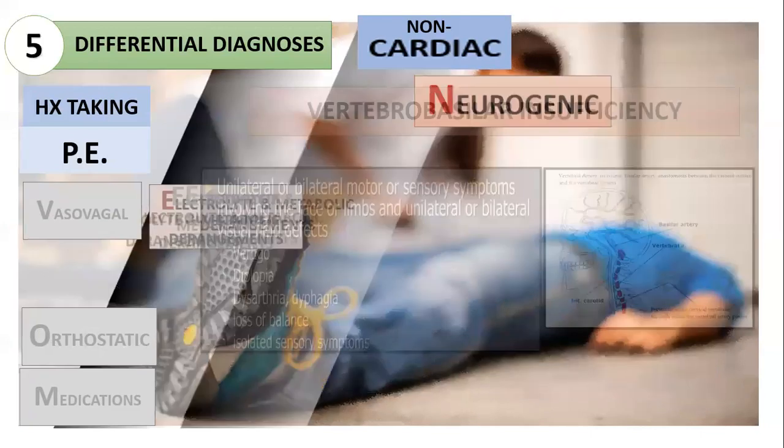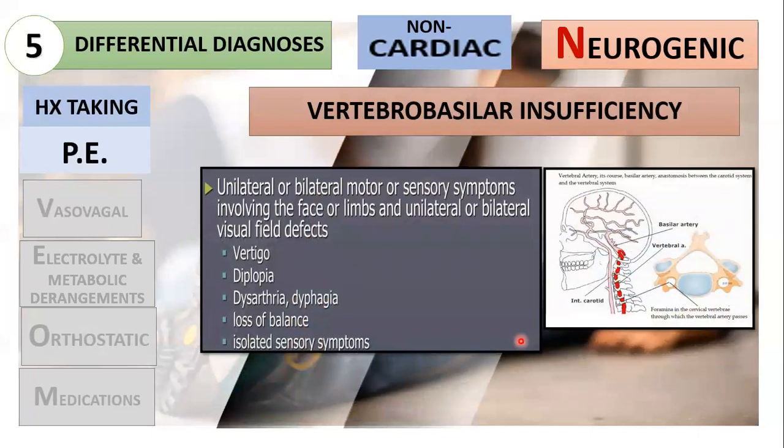Next is neurogenic cause. This is due to poor perfusion to the posterior circulation of the brain. Vital brain structures such as the brain stem, occipital lobes, and cerebellum are supplied by the vertebral and basilar arteries. When blood flow is blocked, that would lead to vertebrobasilar insufficiency.